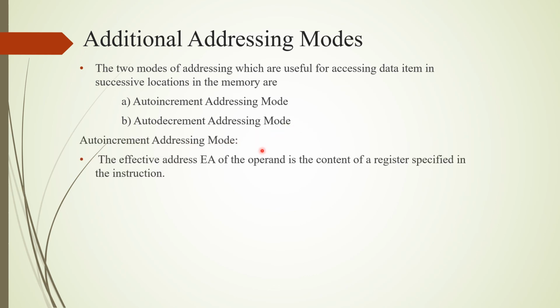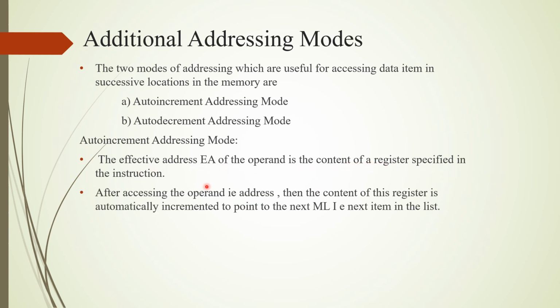Auto increment addressing mode: the effective address of the operand is the content of the register specified in the instruction. After accessing the operand, the content of this register is automatically incremented to point to the next memory location, that is the next item in the list, and it is represented as Ri in square brackets with a plus symbol. Here the plus symbol indicates the auto increment by 1.